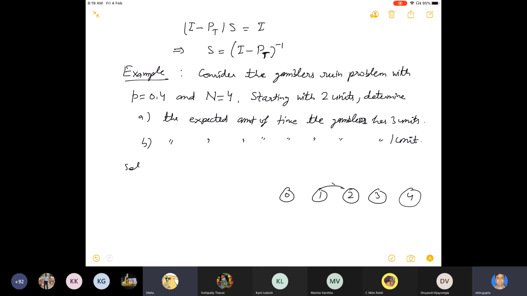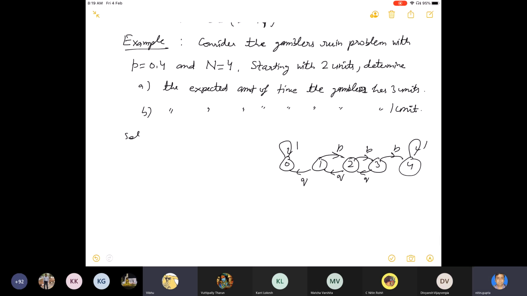So you can go here with probability P, Q, P, Q, P, Q. And also one here. So this is basically the gambler's ruin problem here with P is equal to 0.4, N is equal to 4.